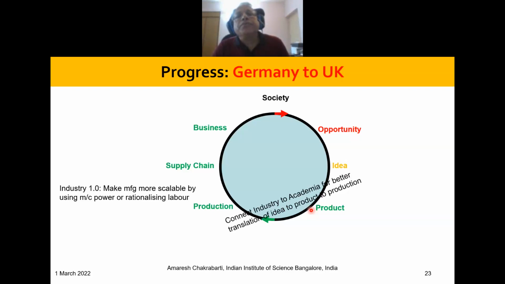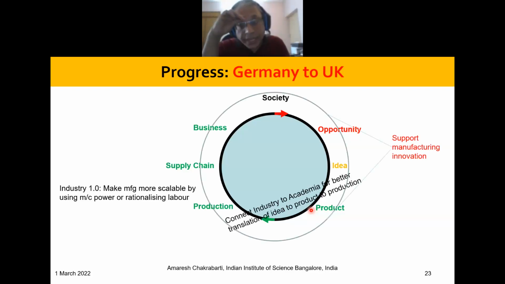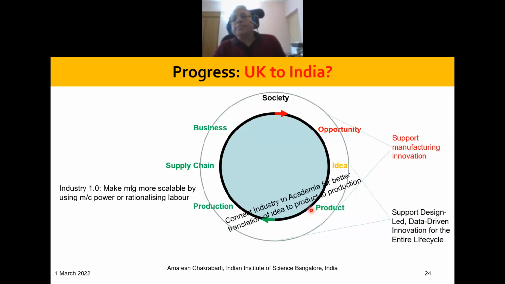Now, from Germany to the UK, if you see the progress, they were trying to tap manufacturing innovation, so going all the way from opportunity to business for manufacturing. And what India can do is support design-led, data-driven innovation for the entire life cycle.